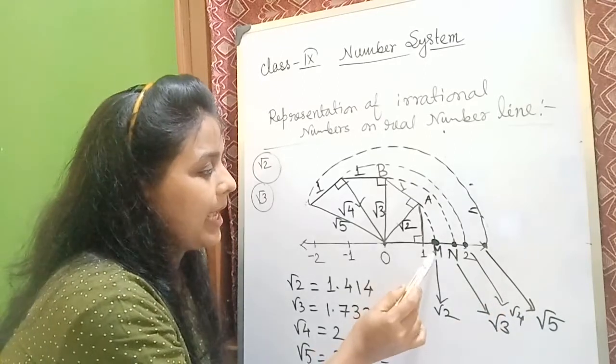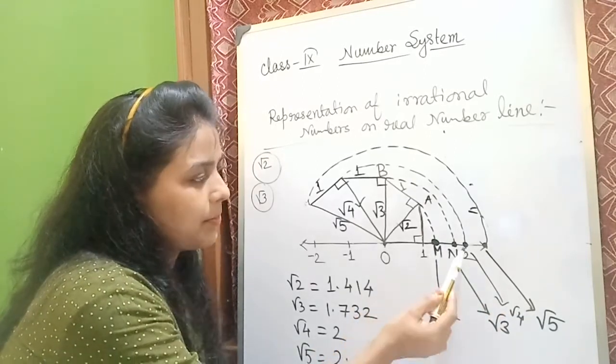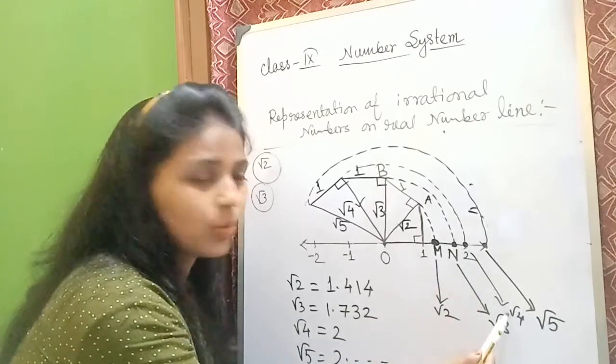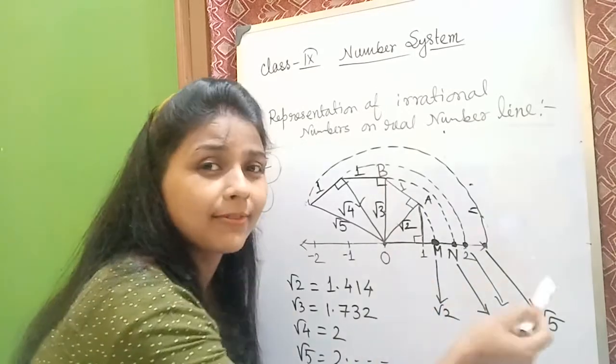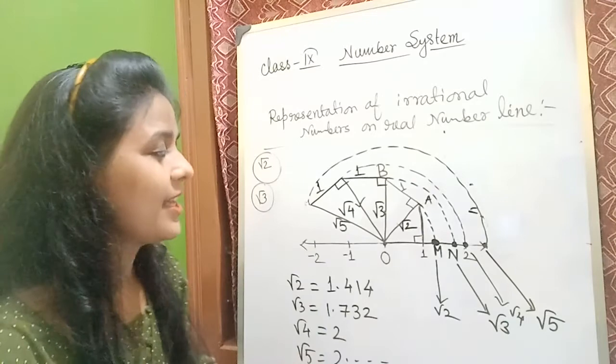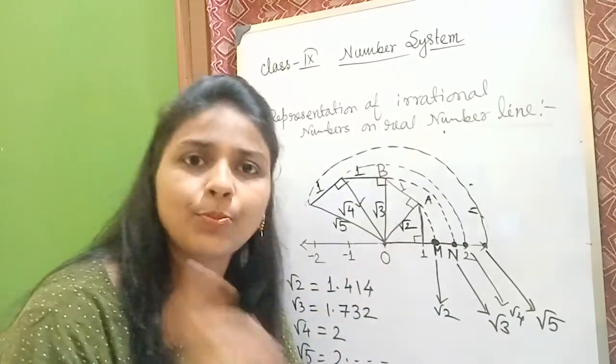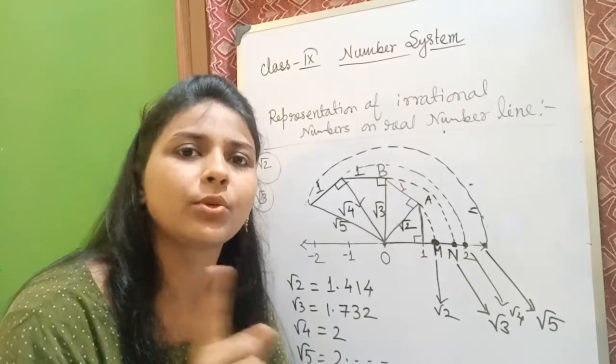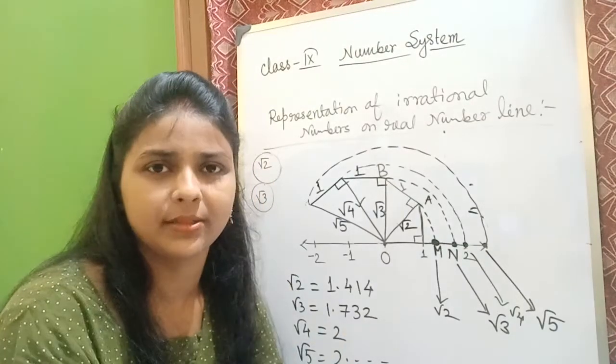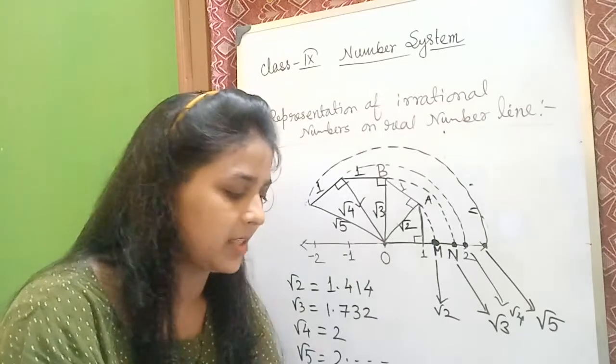So root 2 and root 3 are before 2, root 4 is 2 itself, and root 5 is after 2. I hope you can do root 5 also, and please complete root 2, root 3, and root 5 together in one figure.